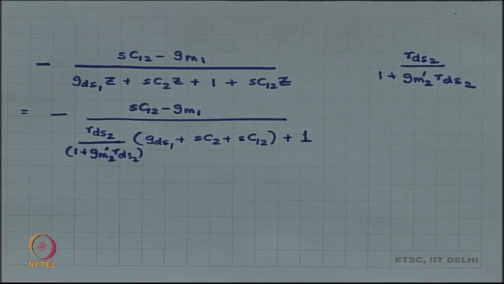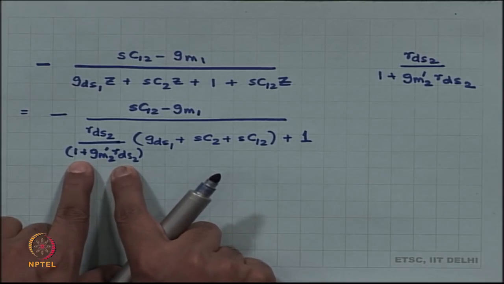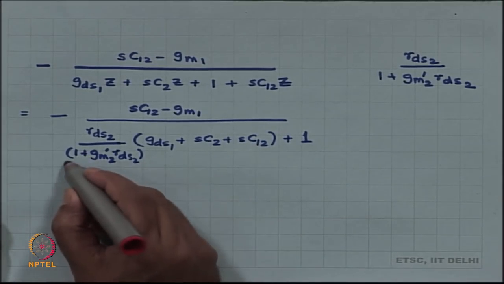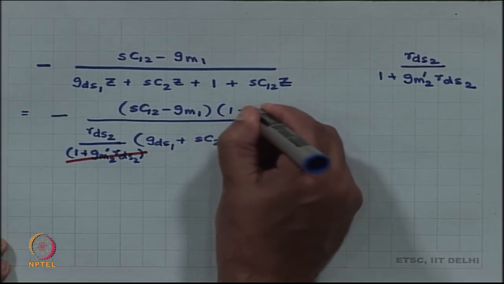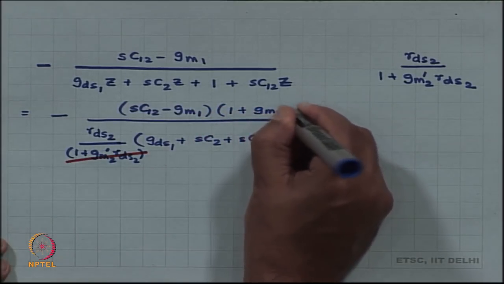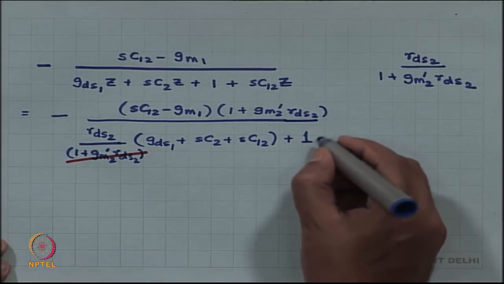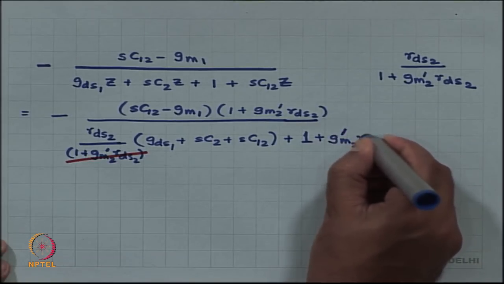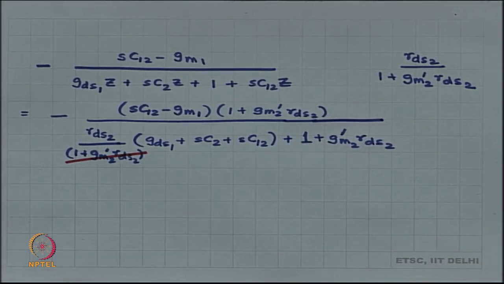Okay. So, the easiest thing to do is to multiply numerator and denominator by 1 plus GM2 prime RDS2. Fine. This is how it is.